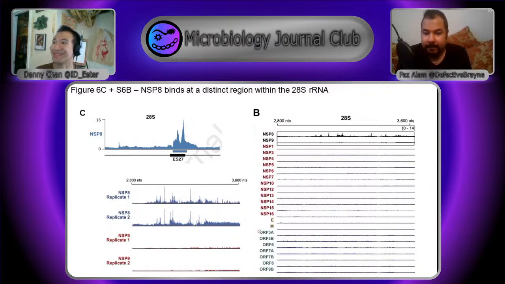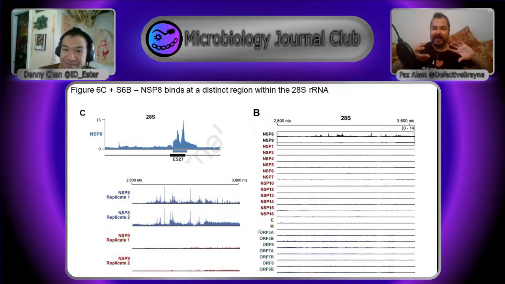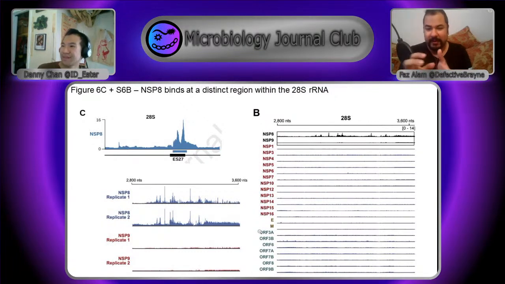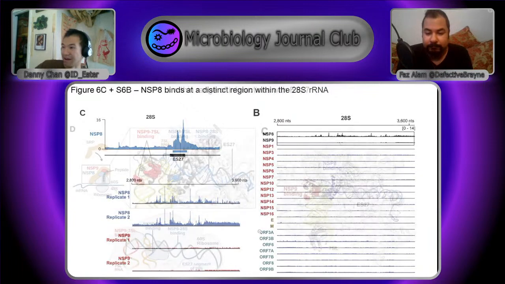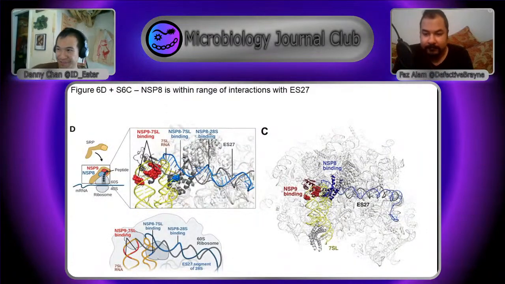But they go into more detail. They also find that NSP8 binds another region, the 28S, which is rRNA, a part of the ribosome. These proteins would be in almost like a conformation with the ribosome and the signal recognition complex, I think it's called. Go to the next figure; I think there's a good picture of that.